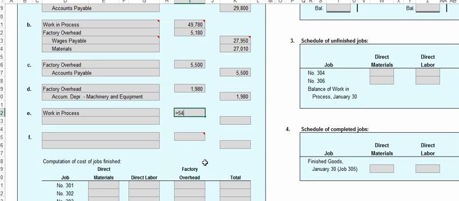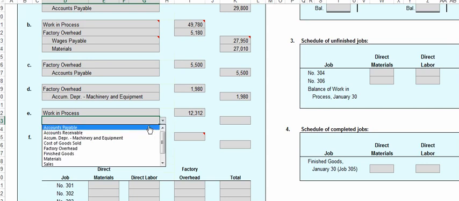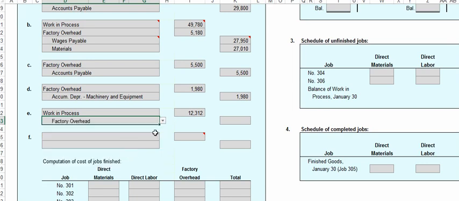So we take the rate per hour of $54 times total machine hours of 228, and that gives us a debit to work in process of $12,312. We're going to credit factory overhead. Our estimate of factory overhead goes on the books as a credit, $54 times 228, $12,312.